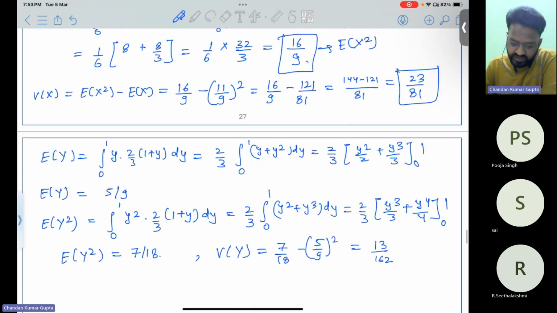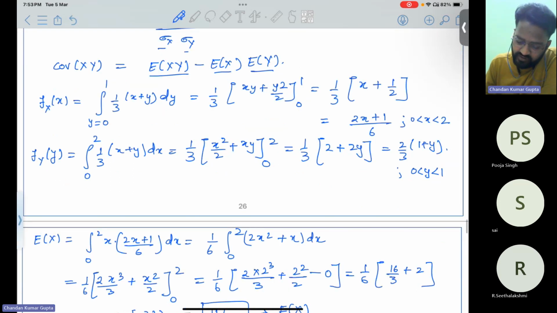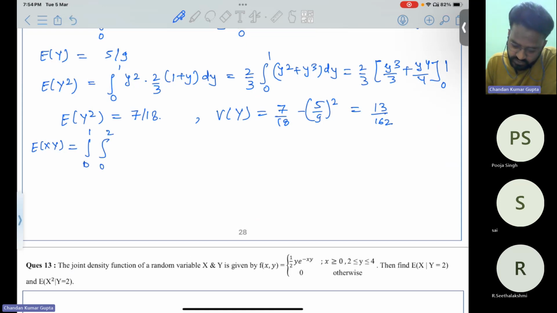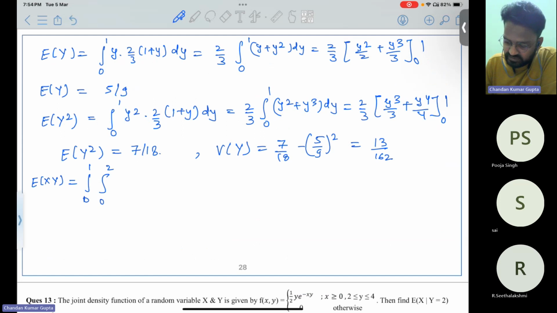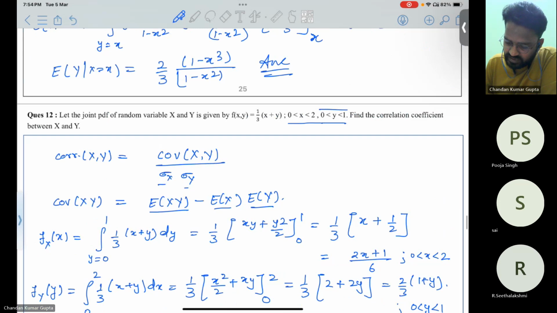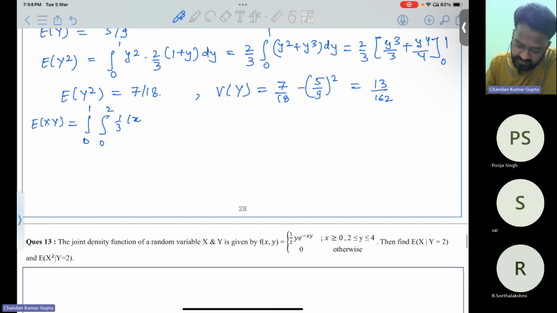Okay, so we have sigma x, sigma y, expected value of x, expected value of y. Now expected value of xy is also needed. Expected value of xy is the double integral, x from 0 to 1, y from 0 to 2, of xy times the joint PDF, which is 1 by 3 x plus y, dy dx.